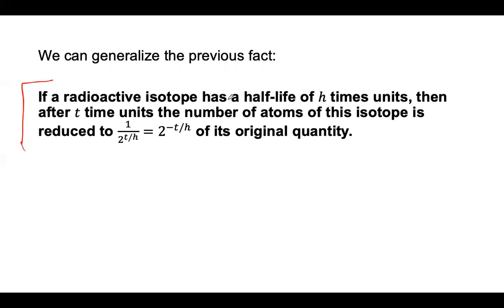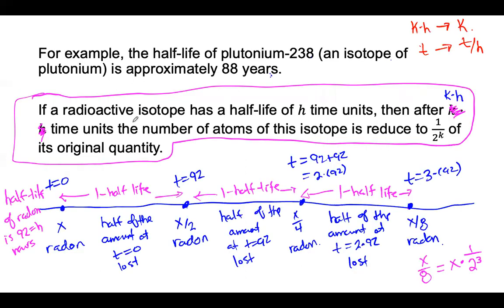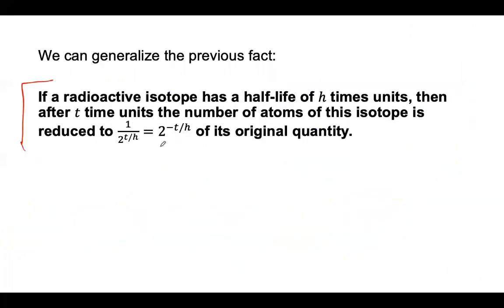So if a radioactive isotope has a half-life of H time units, then after T time units, the number of atoms of this isotope is reduced to this factor, this 1/2, and then the exponent, instead of K as before, is T divided by H, of its original quantity.